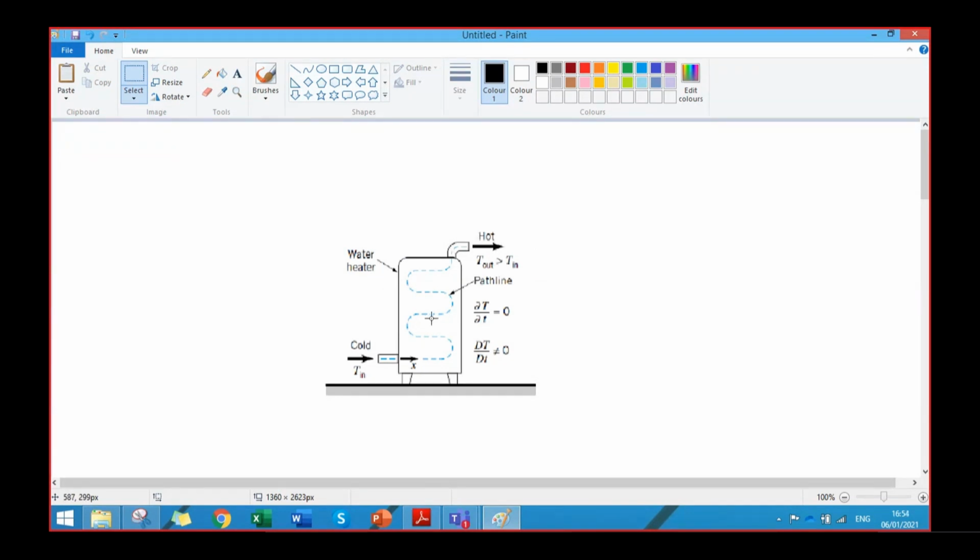The outlet temperature is greater than the inlet temperature. So what's happening? Is the temperature changing with respect to time? Can you answer this question?